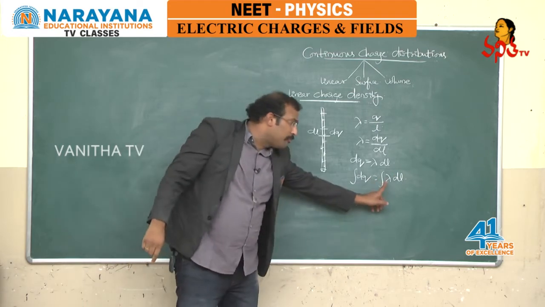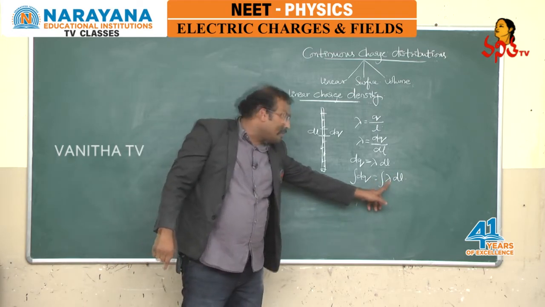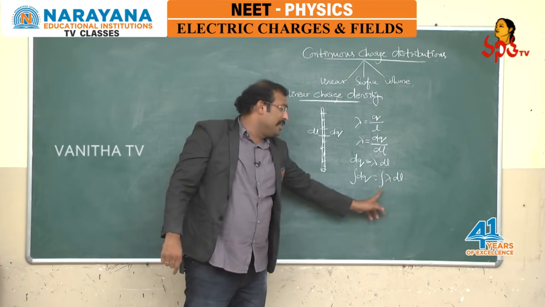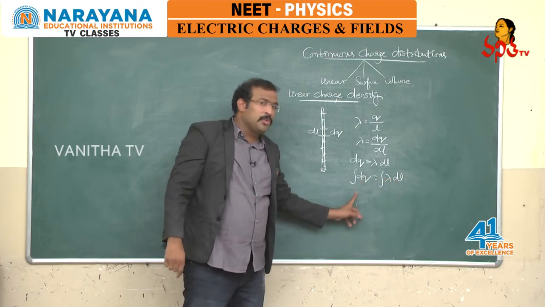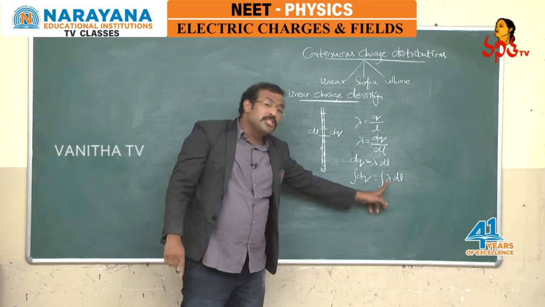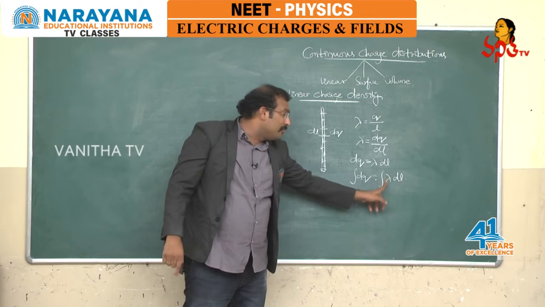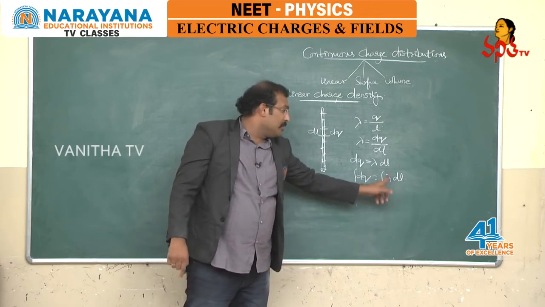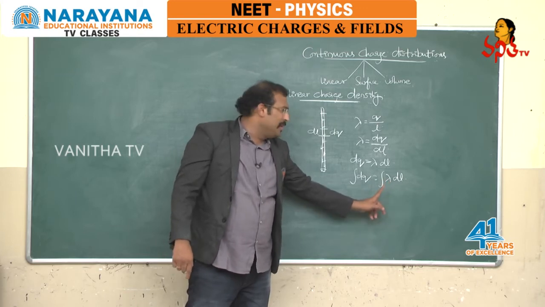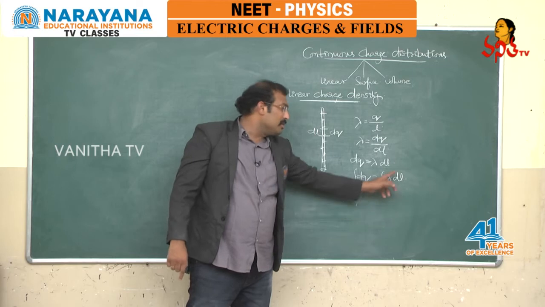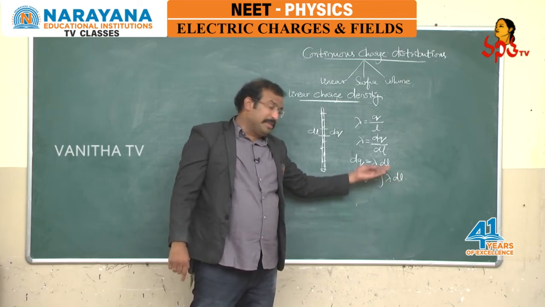If it is uniformly distributed, then lambda can be taken out of the integration. The integral of dl is L, and the integral of dq is q. If the distribution is not uniform, then we write how the linear charge density varies accordingly and integrate it between particular limits.